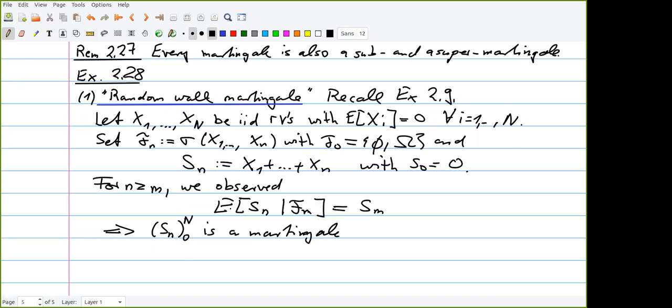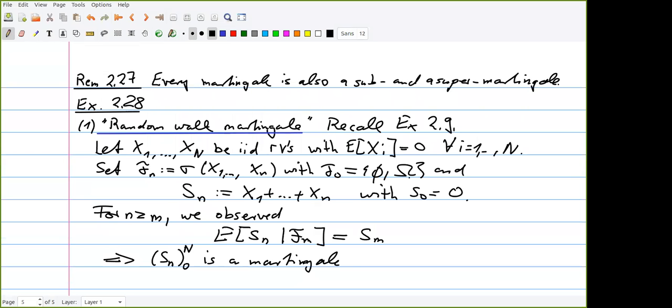Okay, why is this the case? Well, it's integrable, right? We assumed this basically here. It's adapted because the filtration here is just generated by the process, so Sn is adapted to the filtration Fn.